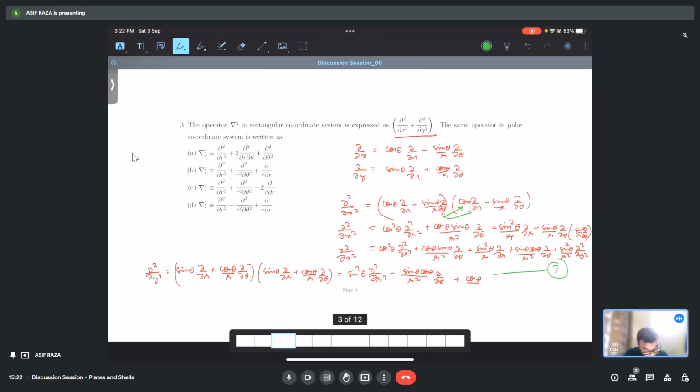Okay, so we have one more term as minus sin theta cos theta by r ∂²/∂θ∂r. So that means we have one more term minus sin theta cos theta by r ∂²/∂θ∂r.